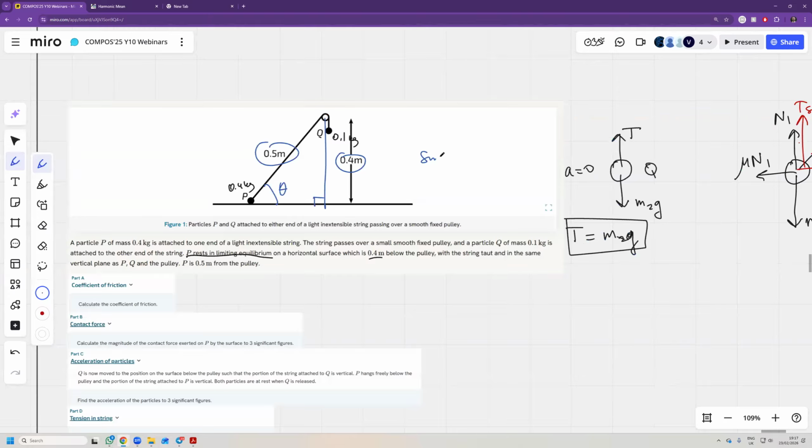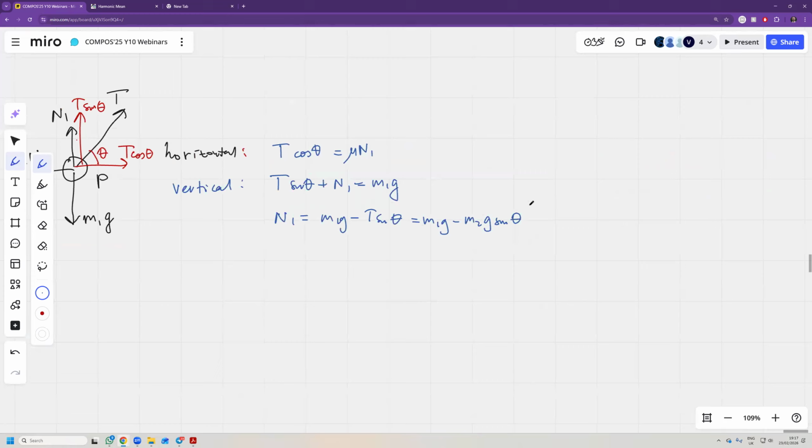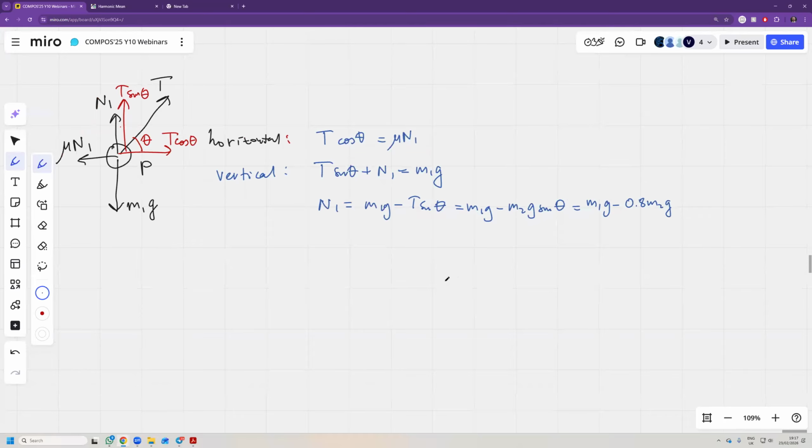So sine theta is 4/5. That makes cos theta 3/5 because of Pythagoras' theorem. And therefore it's equal to M1G minus 0.8 M2G.